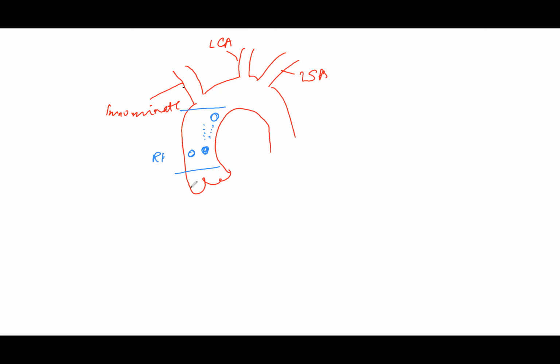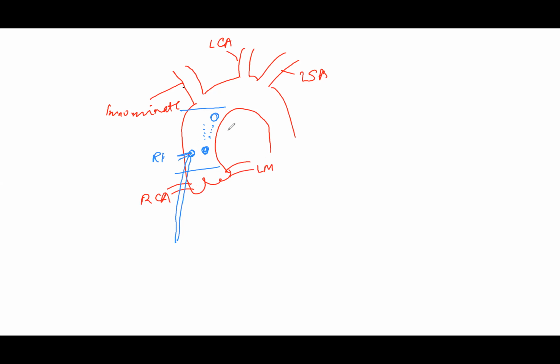So when we are looking at the grafts, we are kind of searching in this territory. There's the RCA coming out here, and there's the left vein coming out here. The RCA graft, most of the time, goes down like this. So it has an inferior takeoff, but it can have something like this as well.